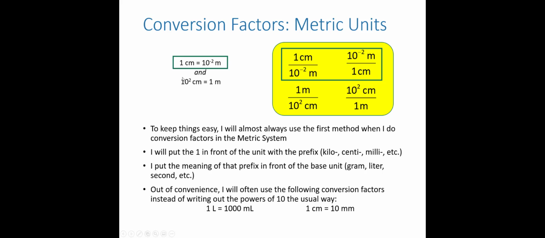You'll notice the big difference is, instead of putting a 1 in front of the prefix, we put the inverse of the prefix there. So centi means 10 to the minus 2. We've already said that, right? So 10 to the positive 2 times 10 to the minus 2 gives you 10 to the 0, or 1. And I think that most people find that more confusing.